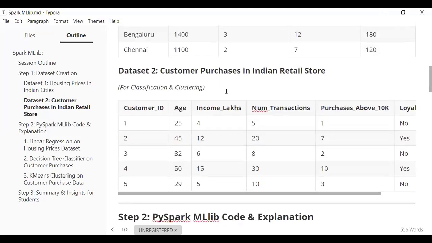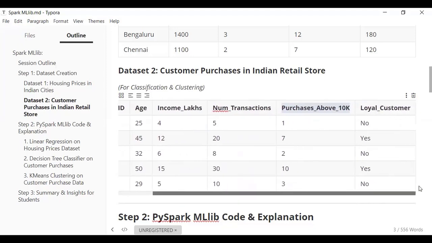Now the second concept is customer purchases in a retail store. This is the same way, but understood in an e-commerce retail style, a module or domain. Customer ID, a person's age, their income in lakhs. For example, this person's age is 25, and he earns 4 lakhs. Then the number of transactions he made, maybe purchases of about 10,000, and whether he is a loyal customer or not.